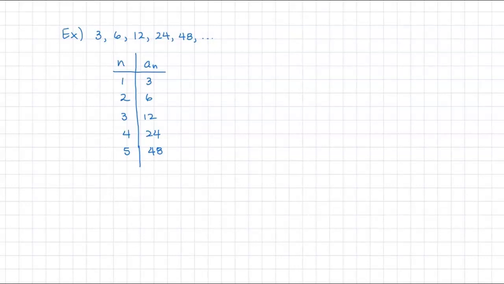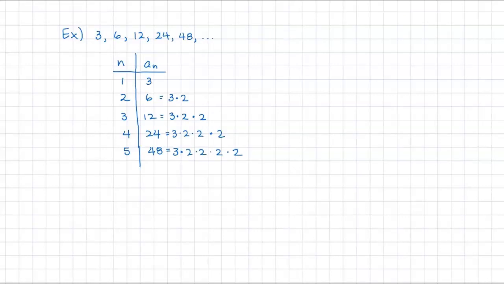So I start with 3, and then to get 6, we multiplied 3 times 2. And then to get 12, we took what was above, but we multiplied by another 2. To get the 24, we took the previous term, but we multiplied by another 2. To get the next term, we took the previous term and multiplied by another 2. And we just keep multiplying by another 2.